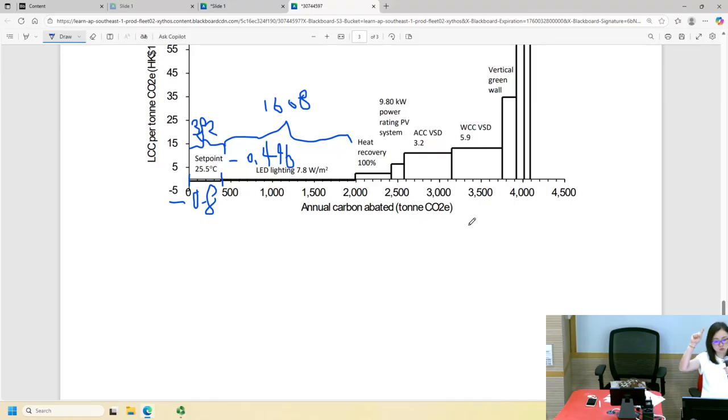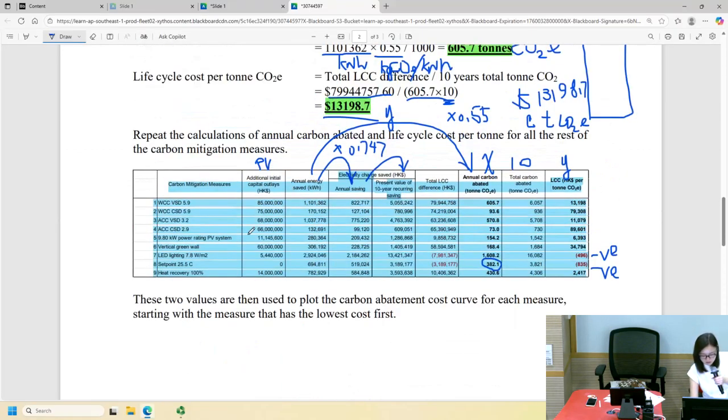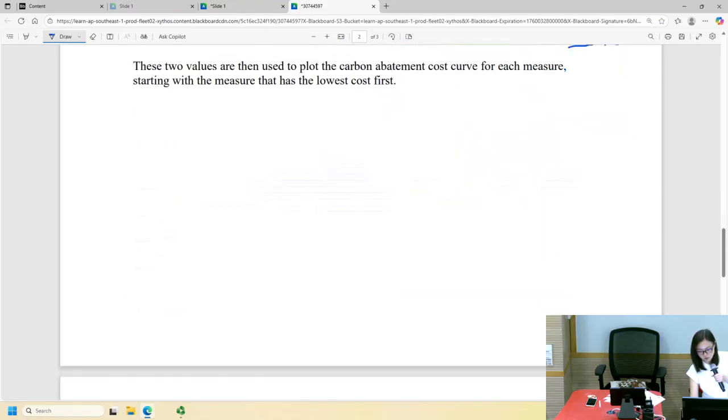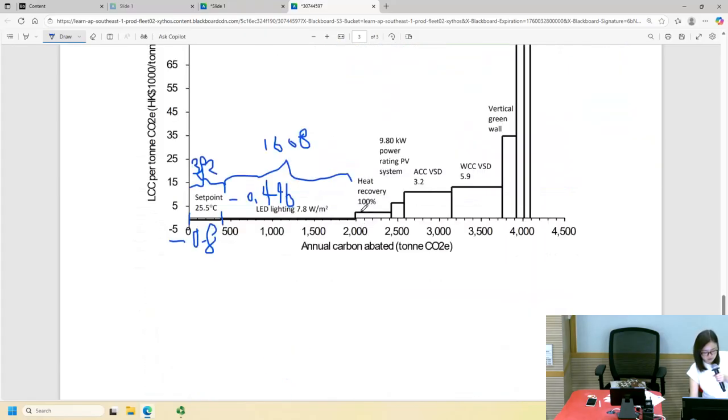That is the annual carbon reduction. And the next one, heat recovery, the first one. The cost is 2,000, so 2.4, so this one would be 2.4.